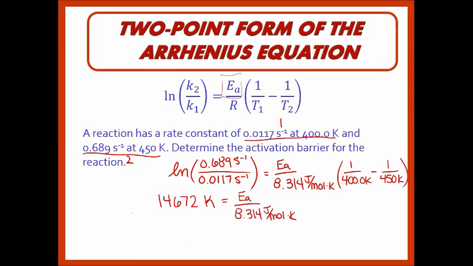So multiplying by R on both sides, we get the final activation energy to be 121986 joules per mole. And like I said previously, we'll typically express activation energy in kilojoules per mole, so divide by 1,000, and this will give you 122 kilojoules per mole.